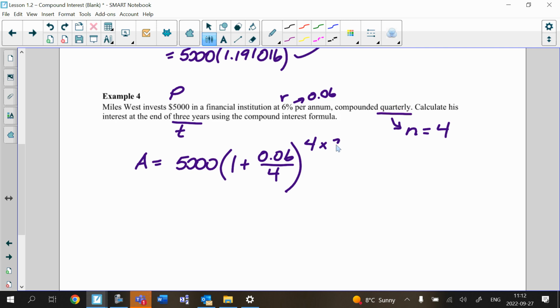On your calculator, you do 0.06 divided by 4 and then add 1. When you do that, you'll get 1.015. And 4 times 3 is 12. Do the exponent first. So 1.015 raised to the 12th, I'm just going to write out what was displayed on my calculator.